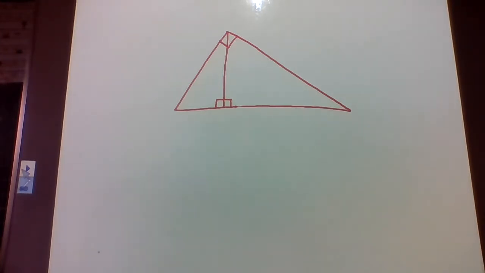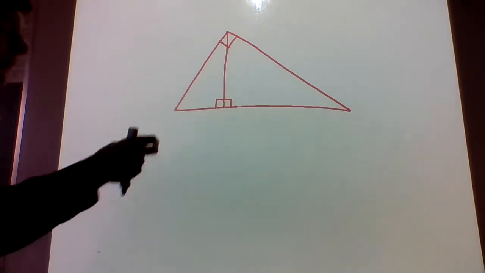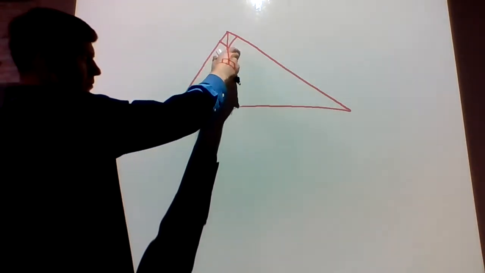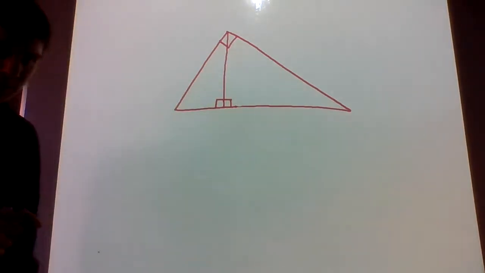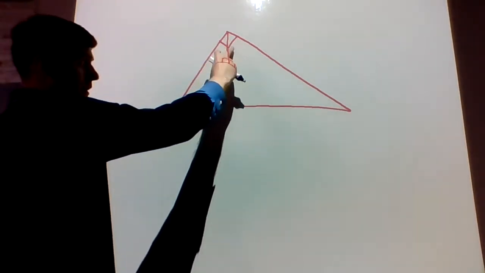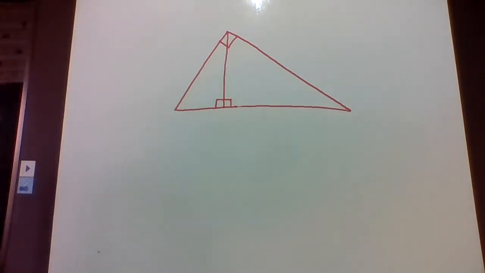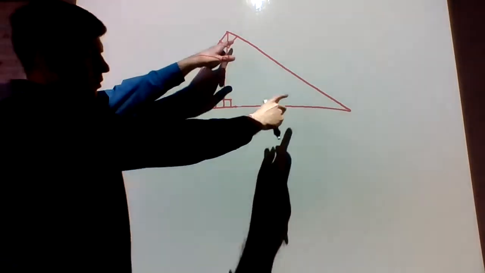So if we find another pair of angles, these 2 angles add up to 90. They're complementary. This is a right angle, so these 2 add up to 90. These 2 are also going to add up to 90.